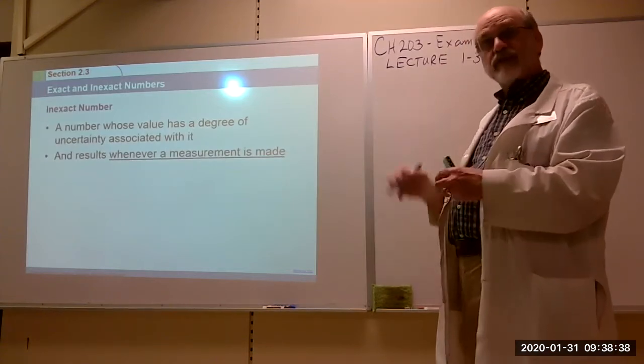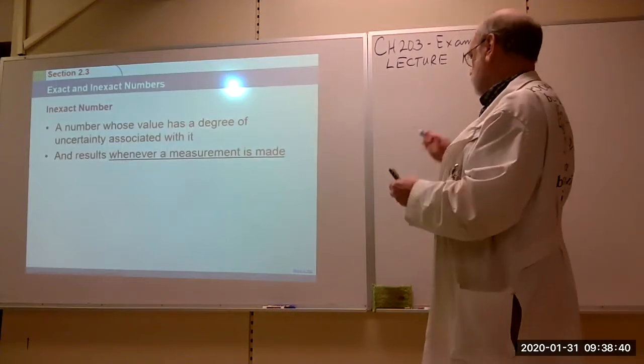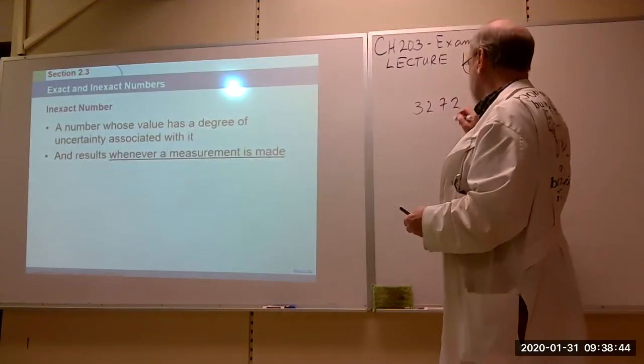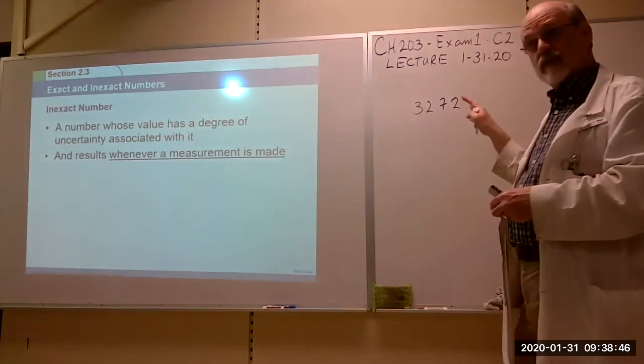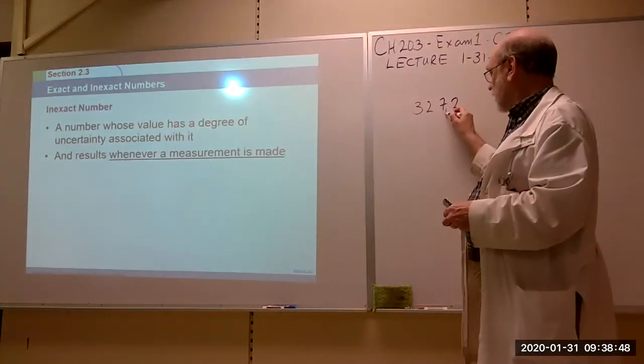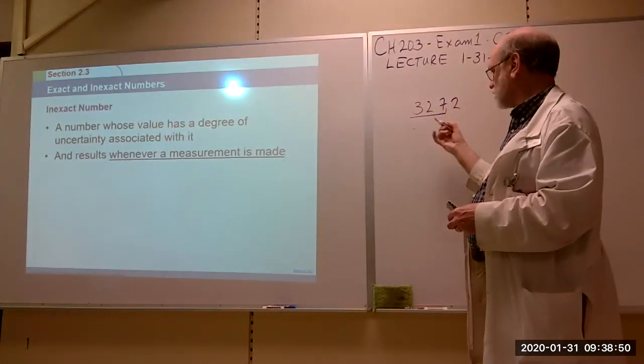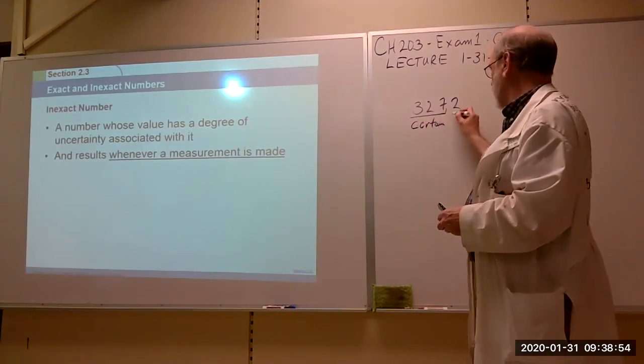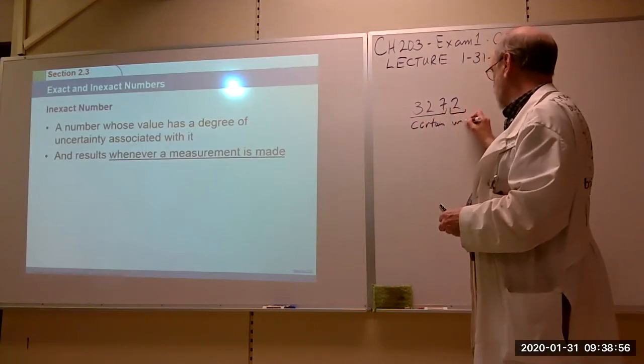But by convention, if you write that number like that, these are certain. And this one is uncertain.